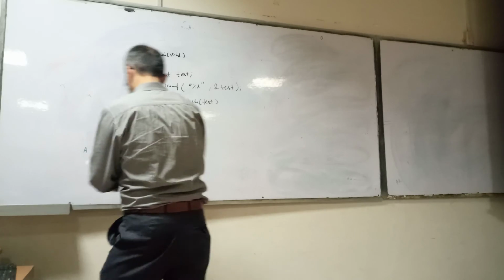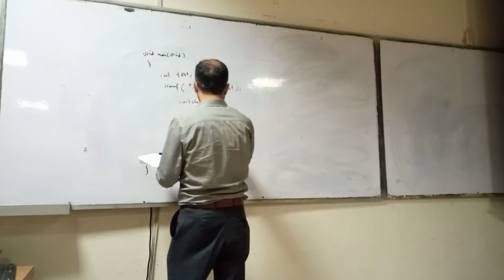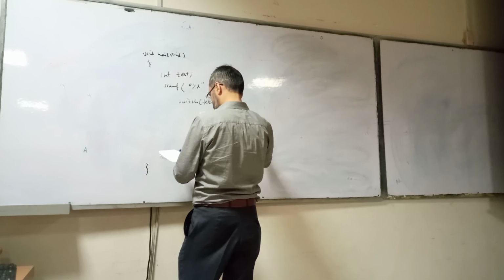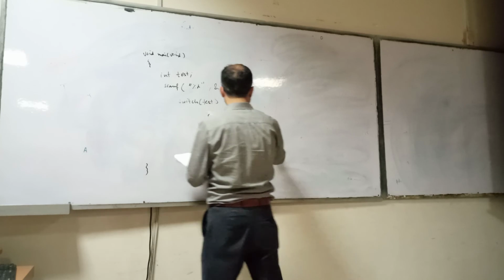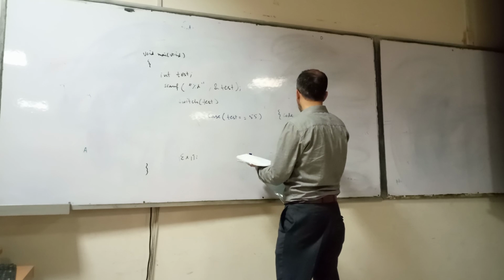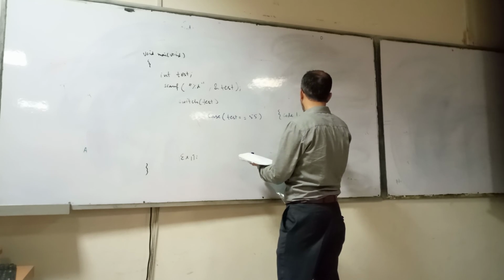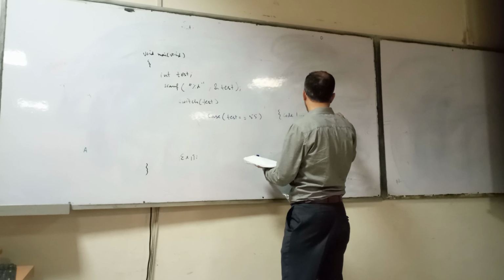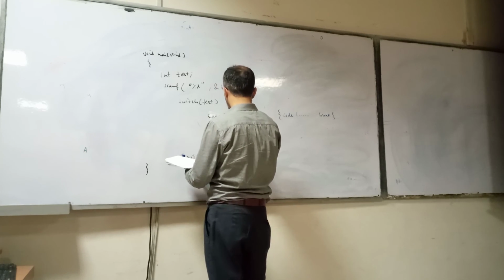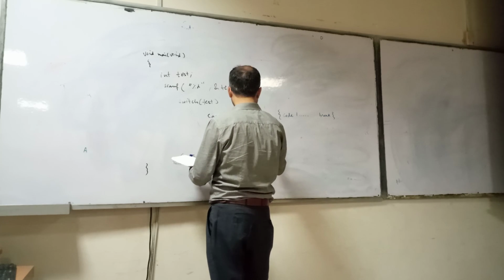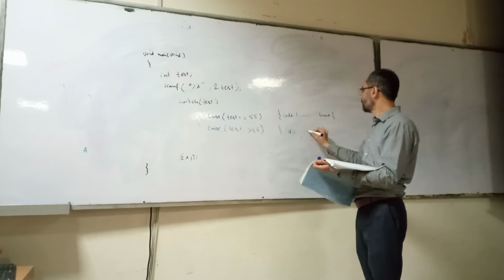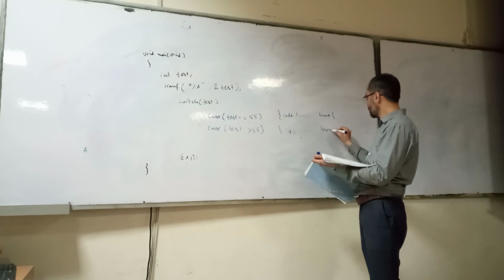We have this case: test is equal to 55, we have some code 1, and then break. Then case test is greater than 55, then we have some code 2, and then break.